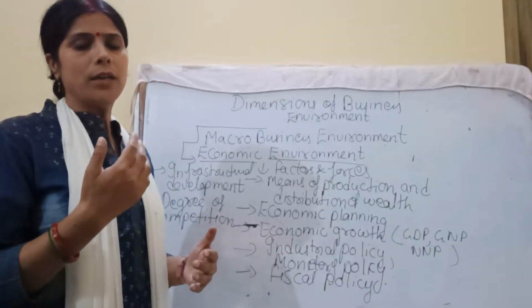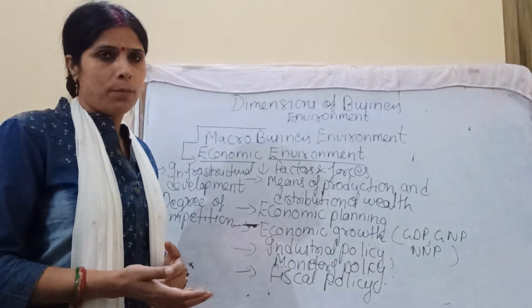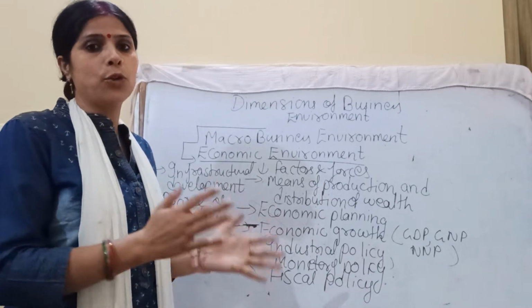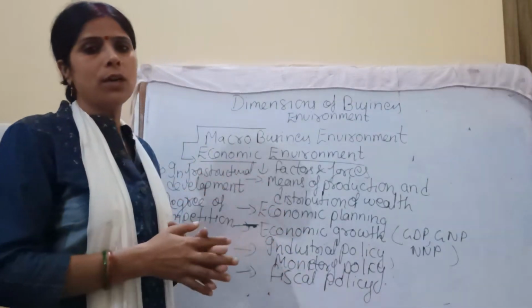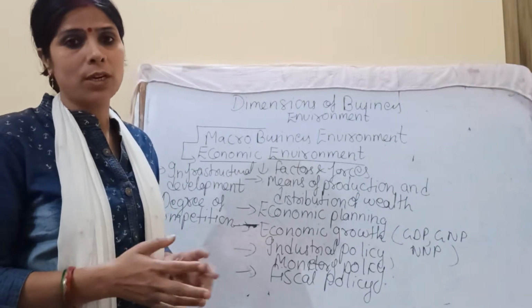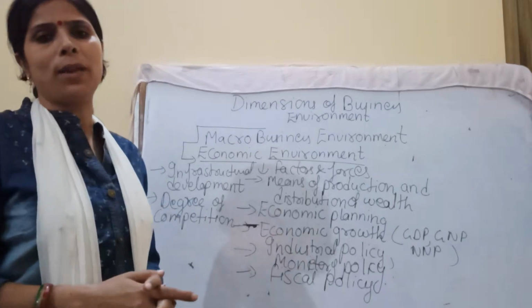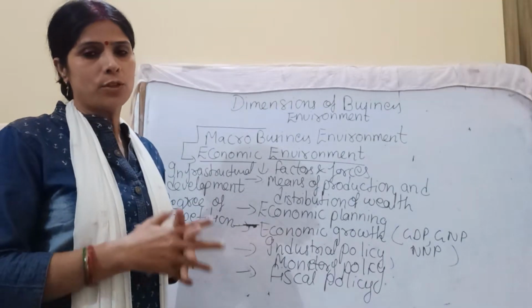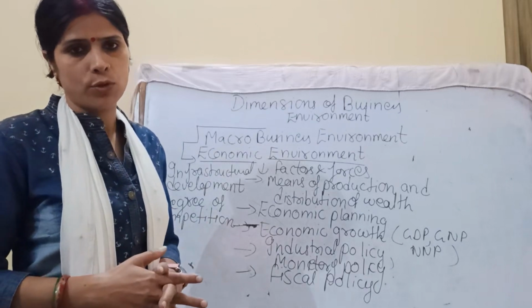Then came the new industrial policy in 1991. Before that there were so many restrictions which the industries had to follow, and most of the areas were in the hands of the government only. It was under the public sector enterprises, but because of the loopholes and weaknesses of the public enterprises, the government decided to transfer the industries towards the private sectors also.